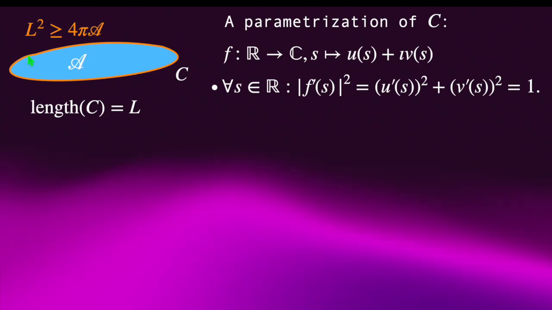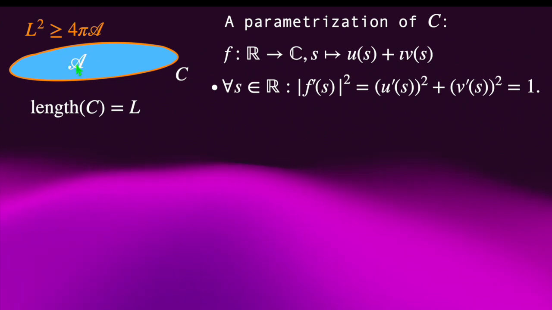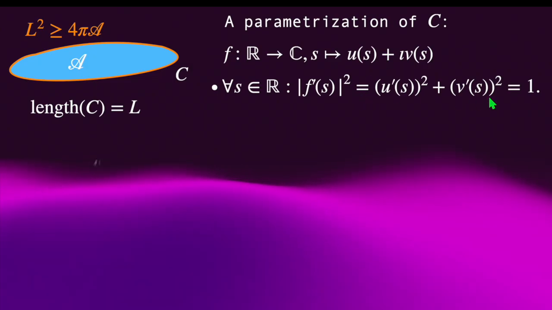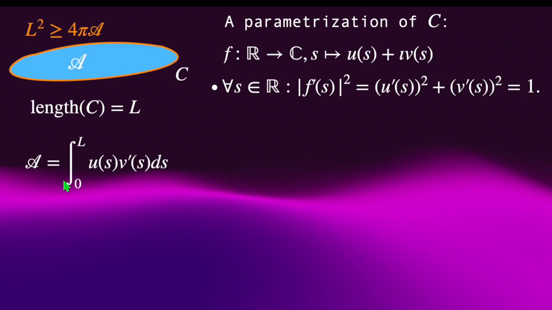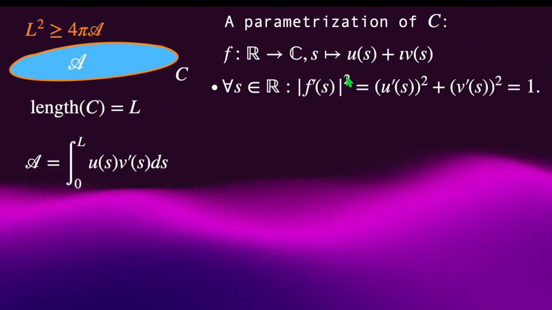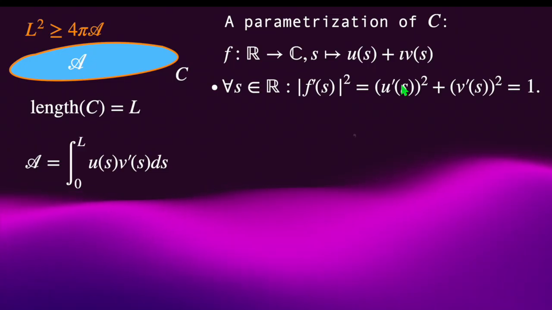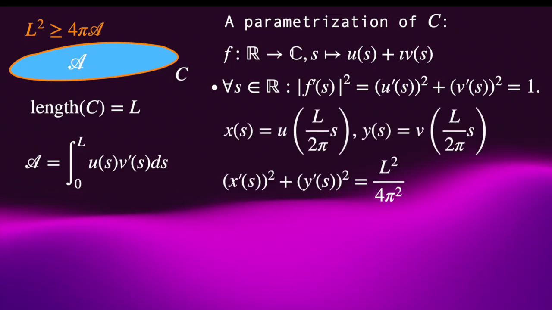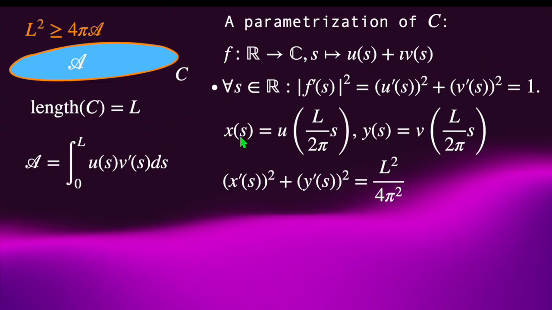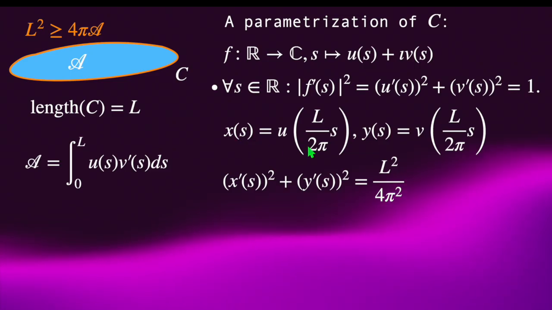So we have a simple curve C. Here we have the area, we have a parametrization, and we have computed the area in function of f. Now we make a change of parametrization.